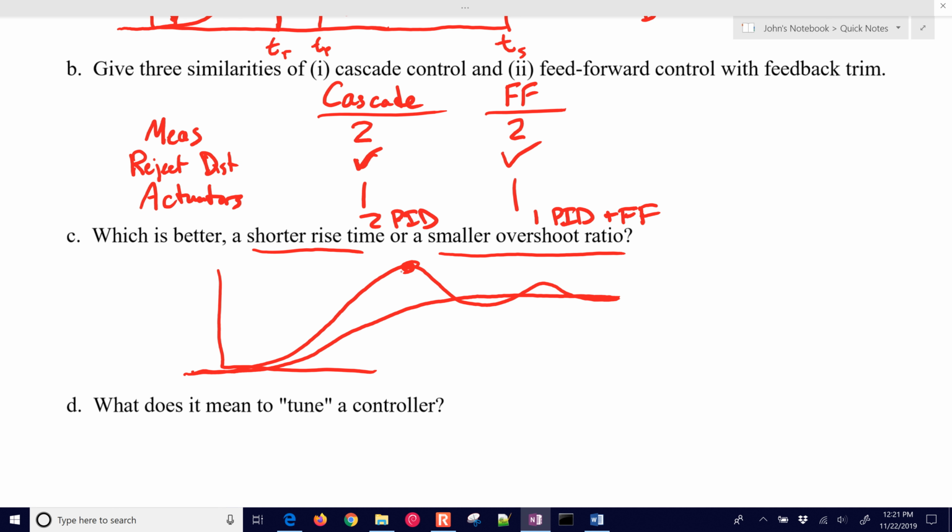Okay, so we have the trade-off between shorter rise time and smaller overshoot ratio. It really depends on the application. If you can put something in here that shows me that you understand the trade-off between the two and that it's application specific, that will give you full credit.